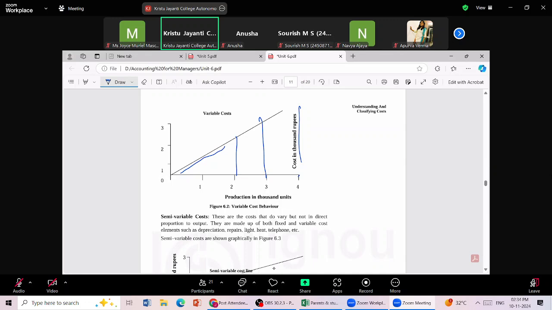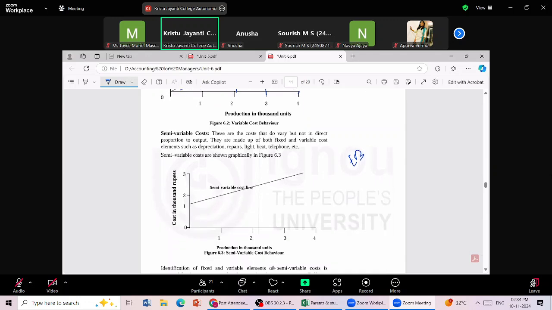And semi-variable means it is like half fixed, not exactly half. It is a little fixed and some is variable. One example you can connect is the electricity bill. Whether you use it or not, you have to pay one minimum amount as the EB bill. After that, based on your consumption level, the bill will vary, correct? So that is semi-variable.